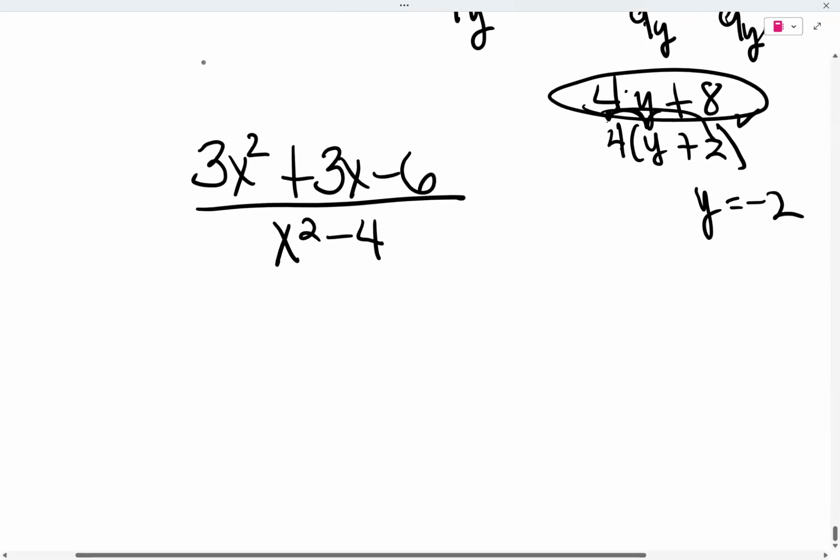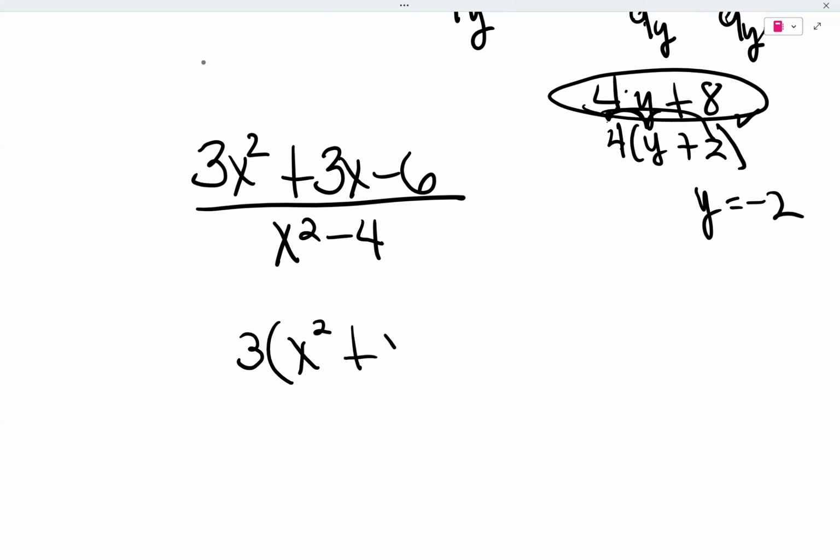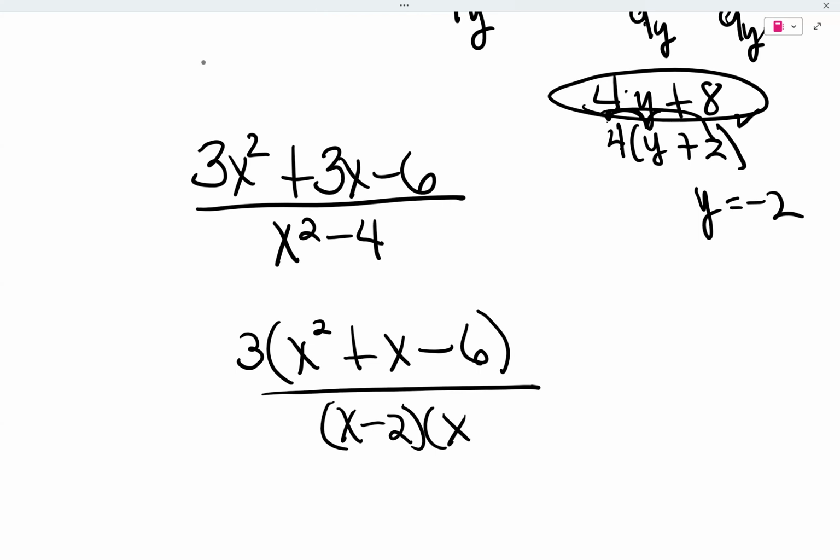So how many of you by chance are already thinking, let me take out the 3. So this becomes x squared plus x minus 6. And all of this is over a perfect square, x minus 2 times x plus 2. Wouldn't it be over 2 if you take out, x minus 2, if you take out the 3 in the top part?